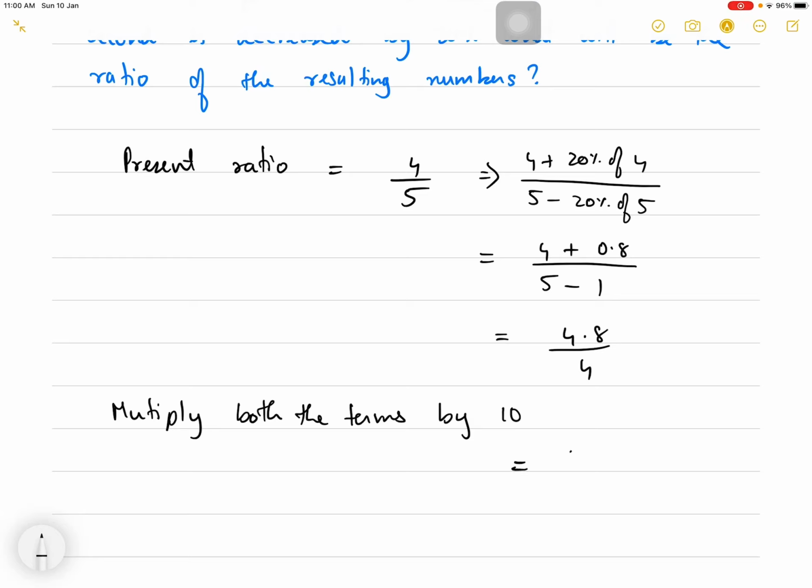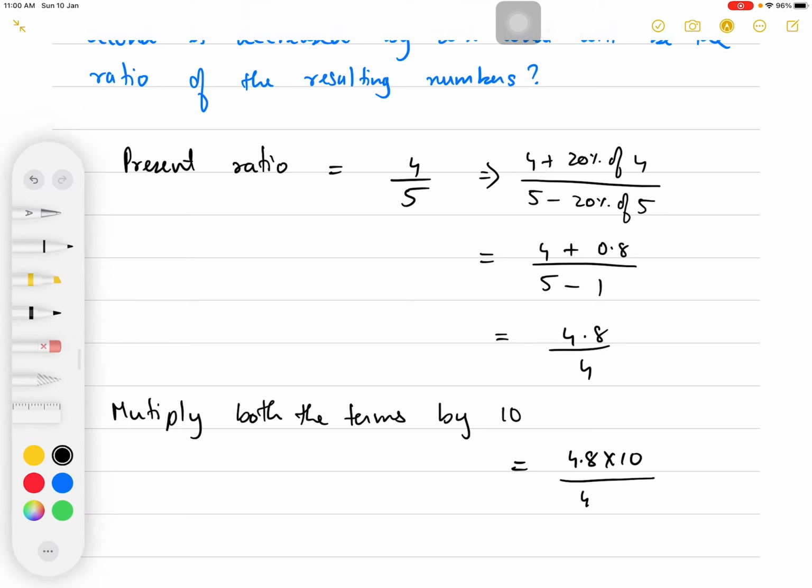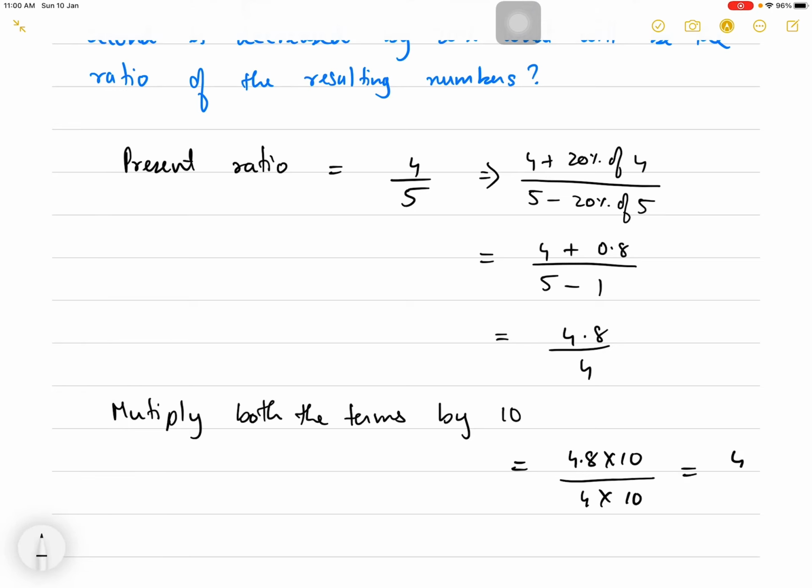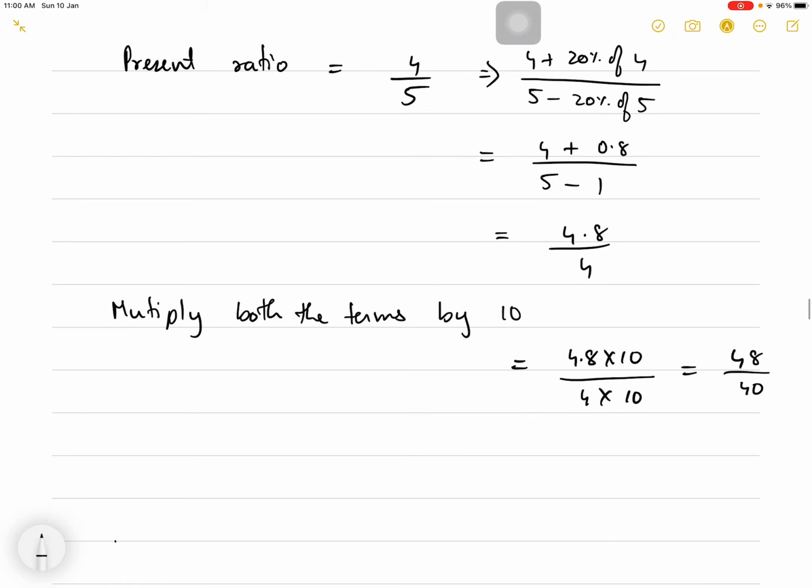So when I multiply by 10, it becomes 48 upon 40. Right. So 4.8 into 10 is 48 and 4 into 10 is 40, which makes it 48 by 40.